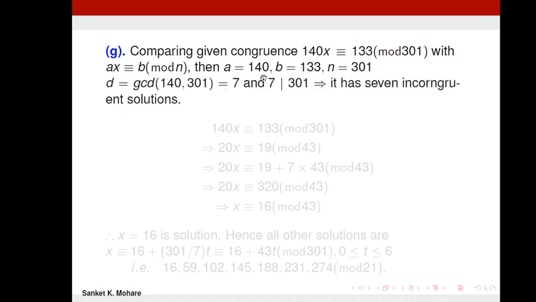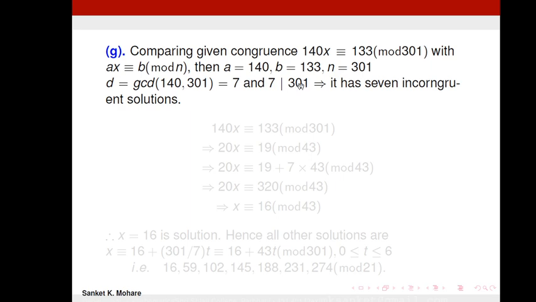Now GCD of 140 comma 301 is 7, and 7 divides 133. Here is the mistake: 7 divides this b. So 7 divides 133. This implies this congruence has 7 incongruent solutions.